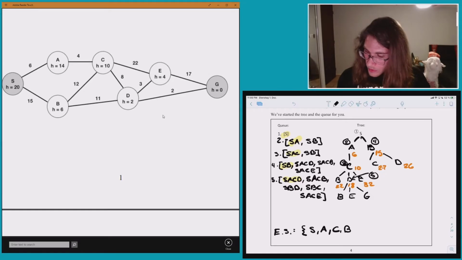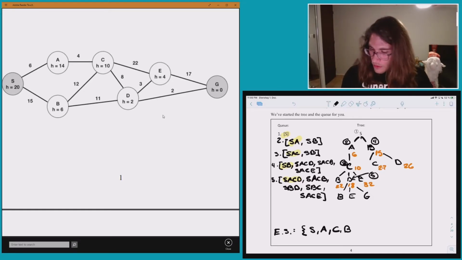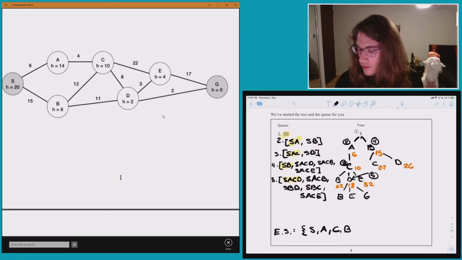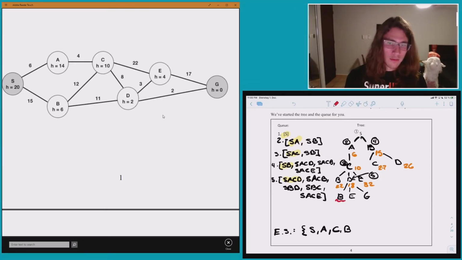So I want to highlight just very briefly that I added B. This is an implementational detail. In 6034 fall 2020, the extended set kicks in when, let's say, SACDB is the next path that is going to be expanded. Then I check the extended set and say, oh, B I've already expanded before, which means there's no point in expanding this, and I've pruned it.